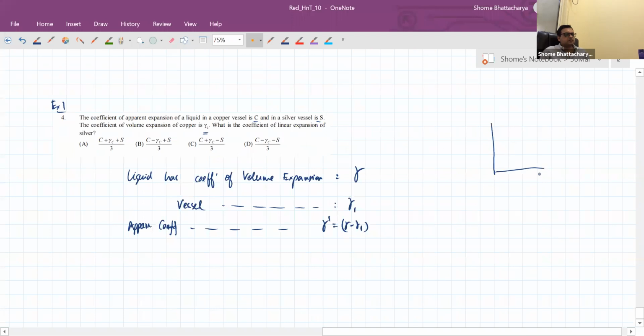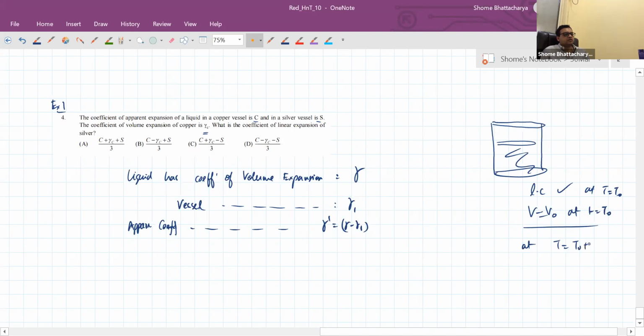You see what is happening. The vessel was calibrated correctly at some volume. So the least count of the vessel is correct at T equal to T naught. And suppose it measures the volume V naught at T equal to T naught. So at the new temperature, T naught plus delta T, the true volume, say V, will be V naught into 1 plus gamma of the liquid into delta T, because you've taken gamma of the liquid as gamma.